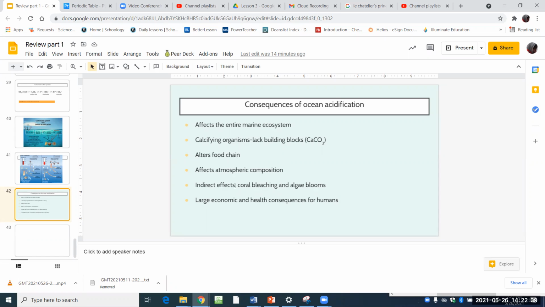And some indirect effect will be coral bleaching. The coral bleaching, though, is mainly due to increase in ocean temperature, which is unit 4, right? Climate change. But it is also being aggravated by pH changes.